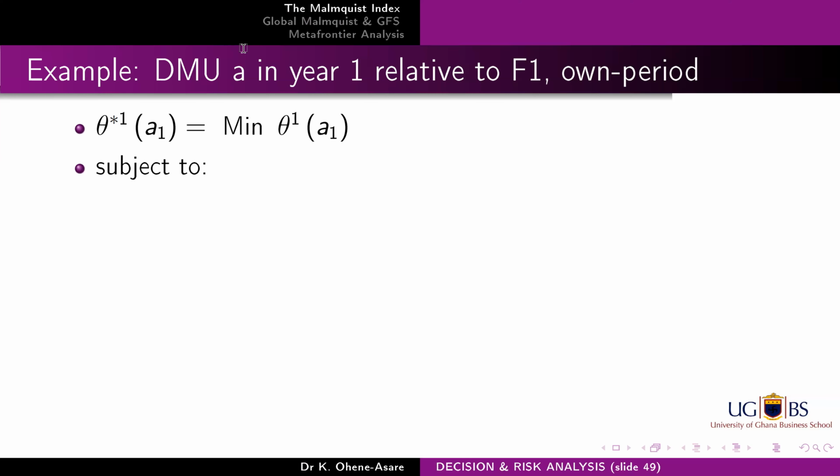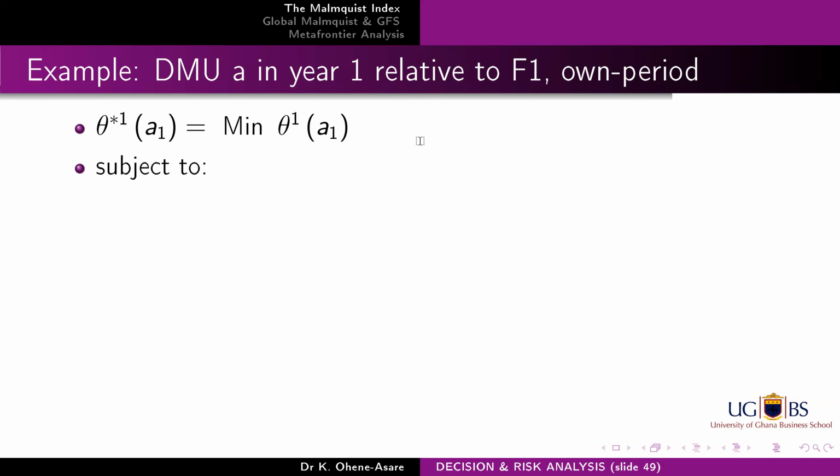Okay, so Doc, the function will be a minimum function, so theta star raised to the power 1 into bracket A1 is equal to minimum theta 1 into bracket A1. Then subject to the output part, which is 1 lambda A1 plus 1 lambda B1 plus 1 lambda C1 greater than or equal to 1.